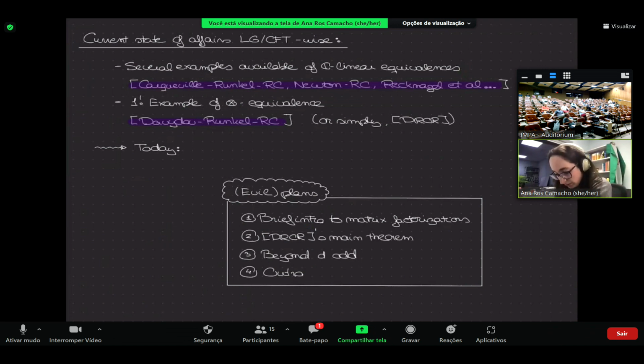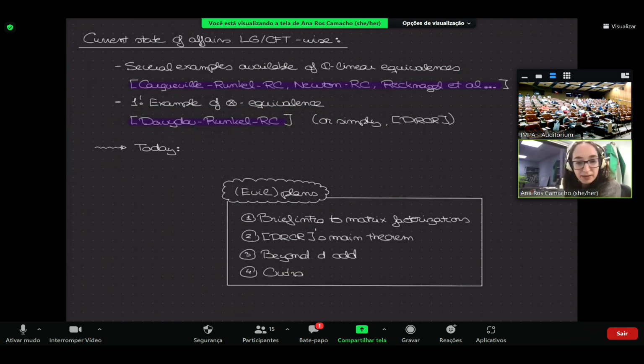But okay, it's at the C-linear level. We have a bunch of examples, great. But sadly enough, there's only so far one example for tensor equivalence, which I worked out with my two collaborators, Alexei Davydov and my PhD advisor, Ingo Runkel.